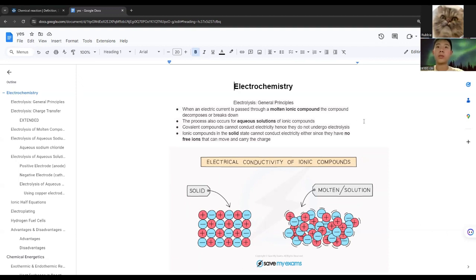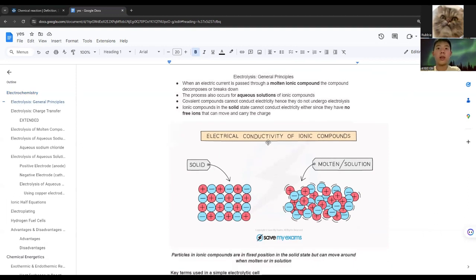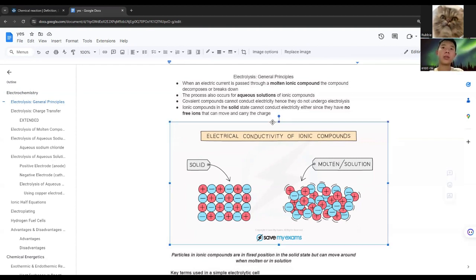Electrochemistry, in simple terms, is the breaking down of ionic compounds using electricity, and the ionic compounds have to be in aqueous or molten state, because in a solid state, ionic compounds do not have properties that can conduct electricity.